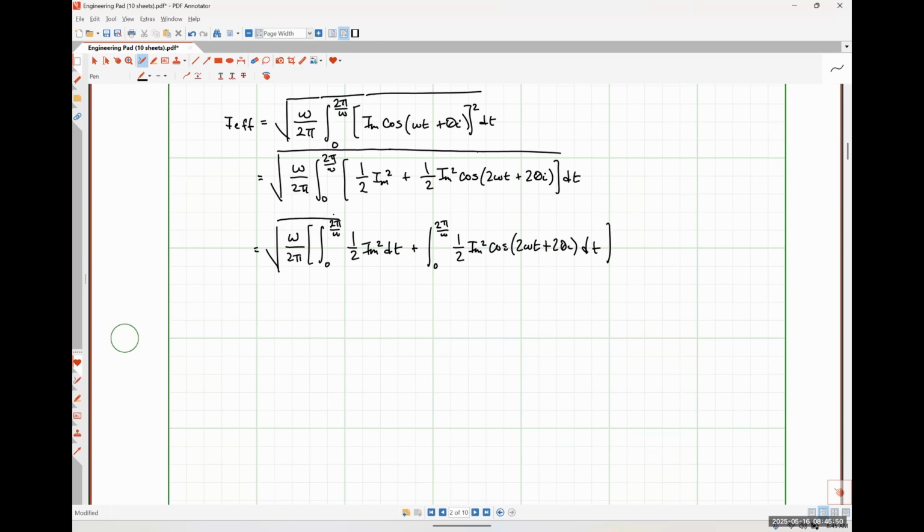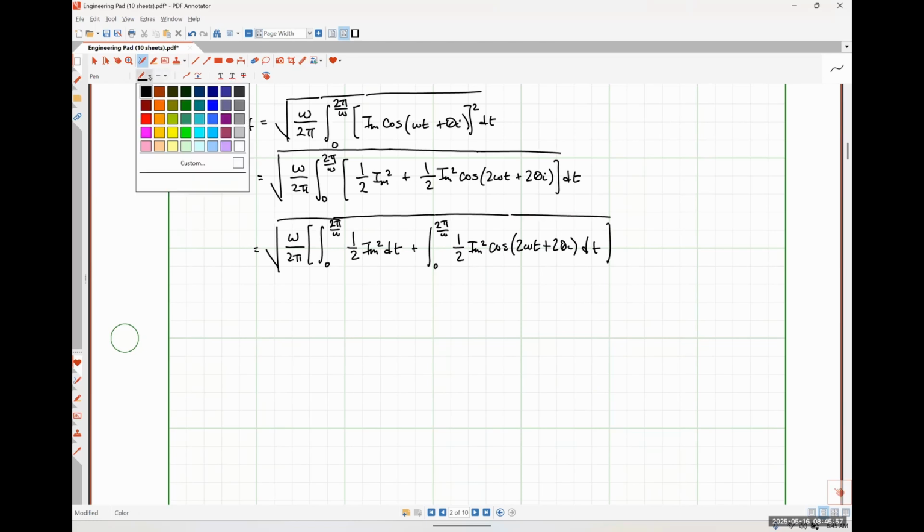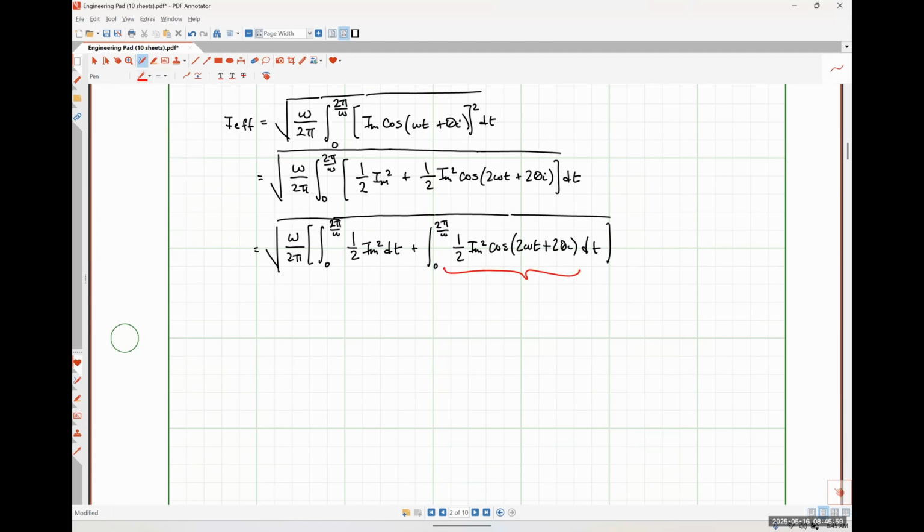And all of that goes underneath this square root sign. So my question to you guys is, what's the result of that integration? You should be able to figure it out just by thinking your way through things, but I'm going to give you a real strong hint here real quick.